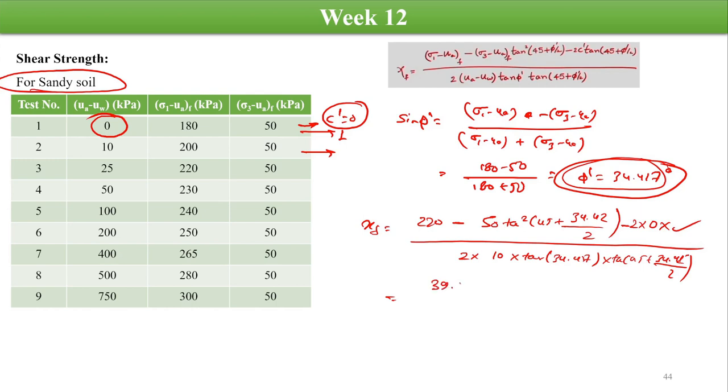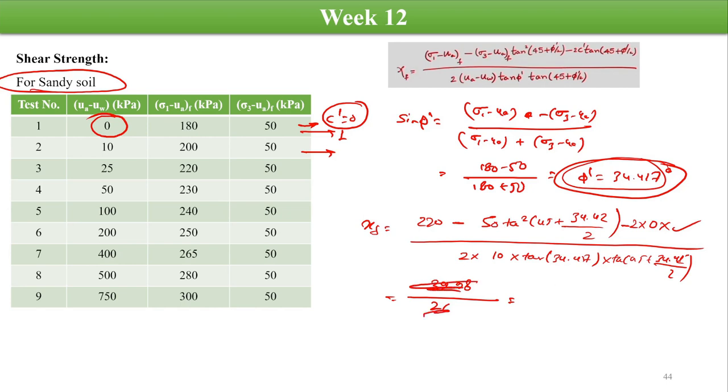So the numerator is 39.98, the denominator is, let's calculate 45 plus 34.42 by 2, and this is going to be 26, and if you calculate from 26 it will be, there must be some error with the calculation.